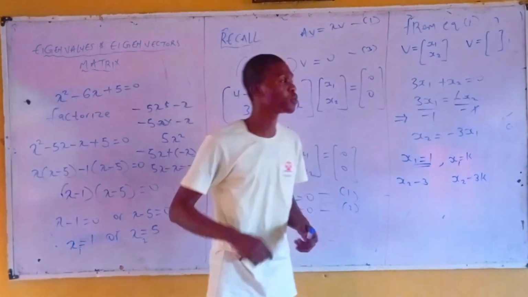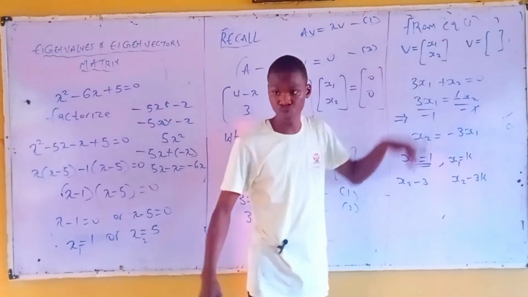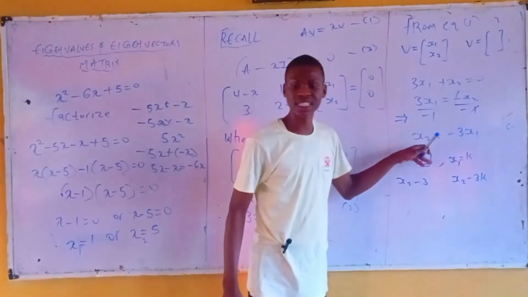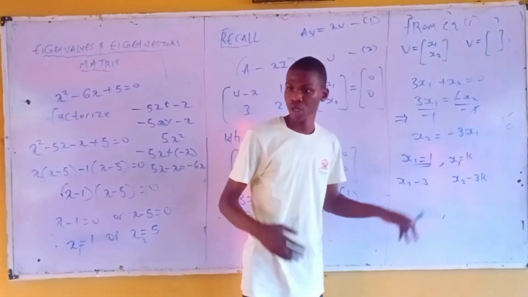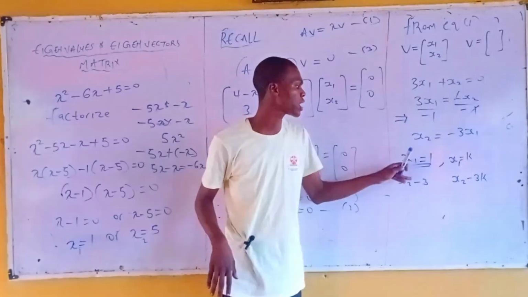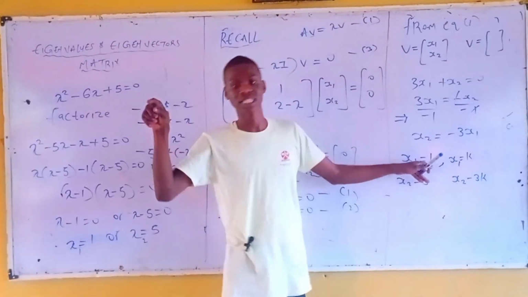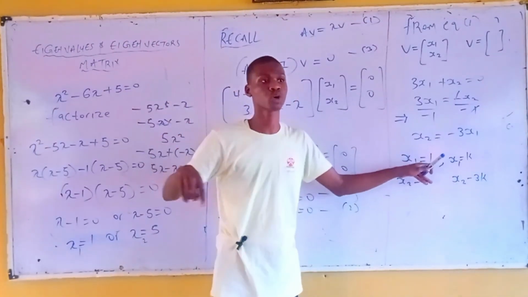You must be precise, you must know the exact value of x1 and x2. But here, we didn't get x1, neither x2. So you must interpret. So I'm now making this assumption that if x1 is 1, then x2 will be negative 3 times x1.